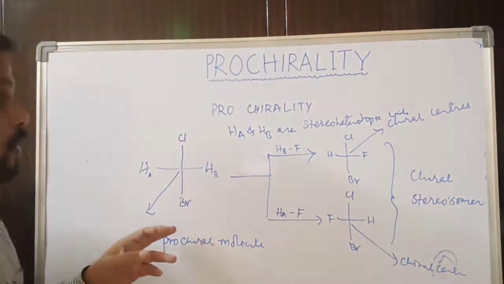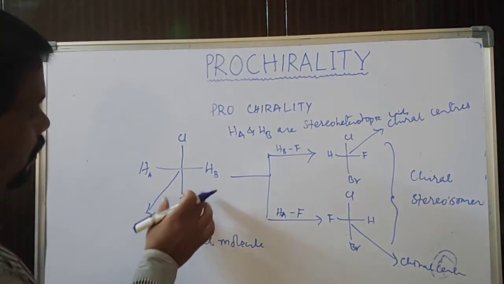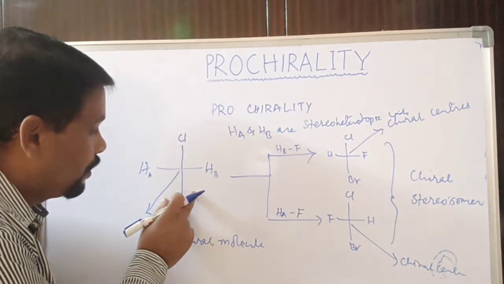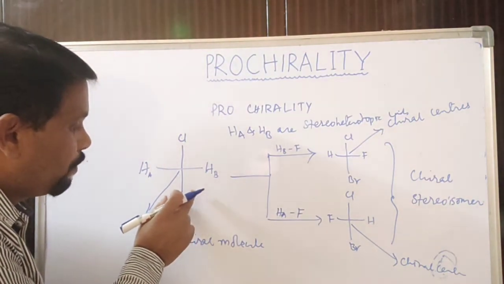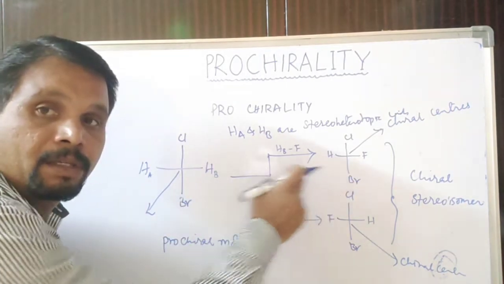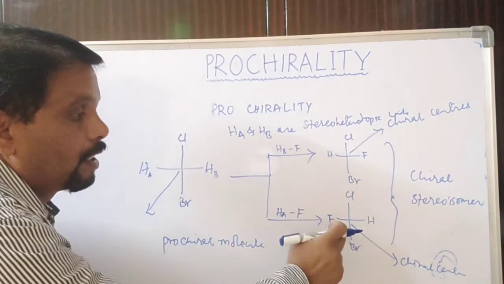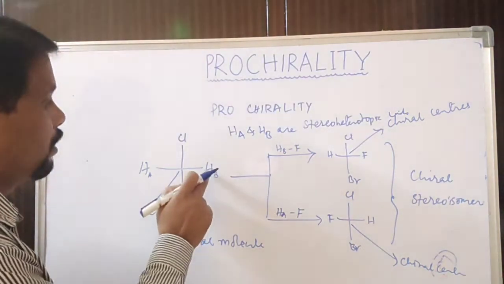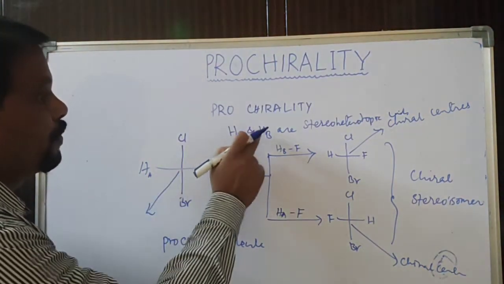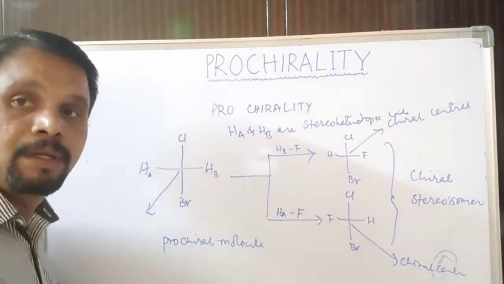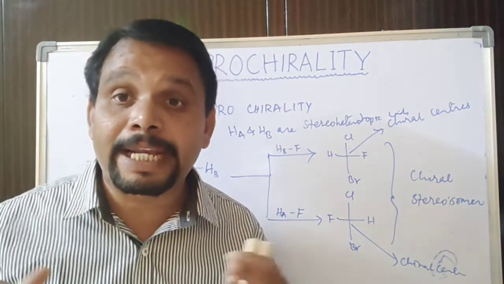All right. So here, this is an achiral molecule. The property of an achiral molecule to generate chirality by involving stereoheterotopic units HA and HB in one step is known as prochirality.